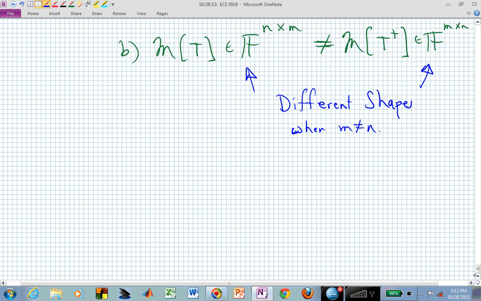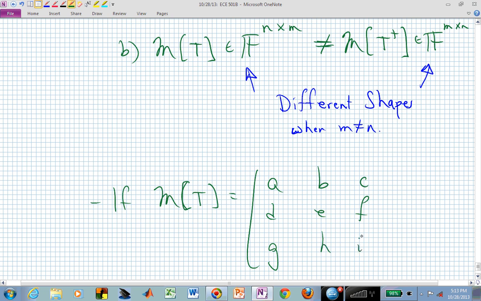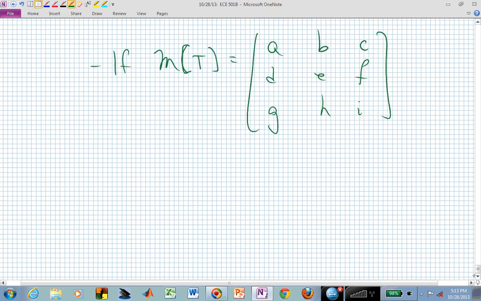And we've already shown or stated that if the matrix representation of T was some A, B, C, now I have to remember my ABCs, huh? A, B, C, D, E, F, G, H, I. If that's the matrix representation of T, then what's the matrix representation of the adjoint?